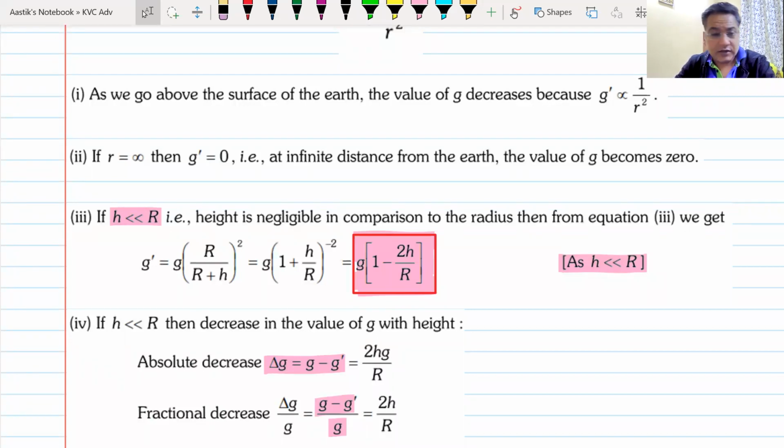So now this is the new class. We will go ahead and see the third factor on which acceleration due to gravity depends.